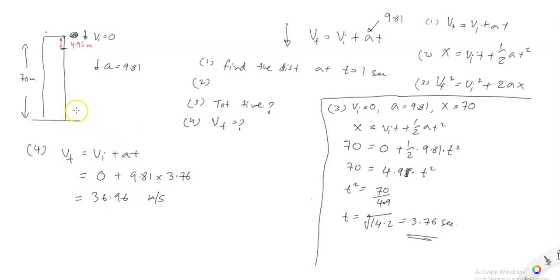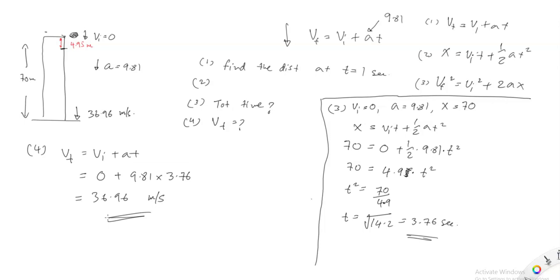Right here, just before hitting ground, 36.96 meters per second. Okay, so this is how you solve a problem with free fall.